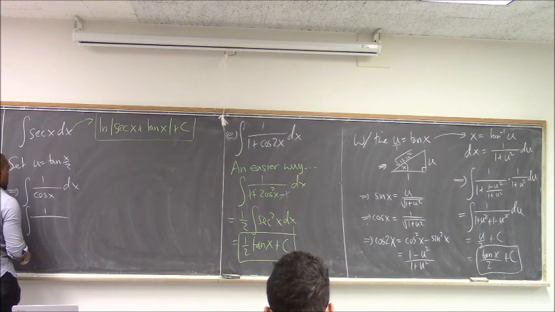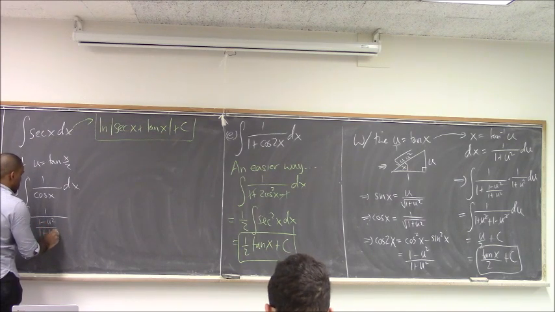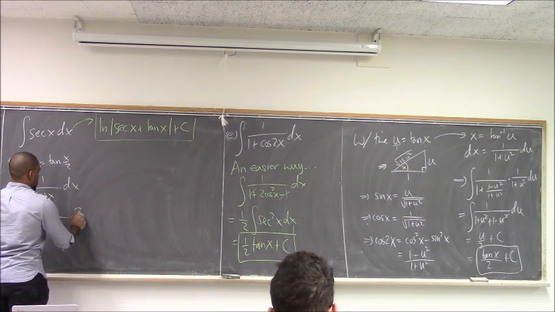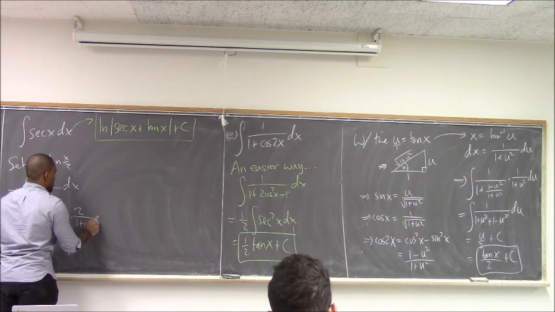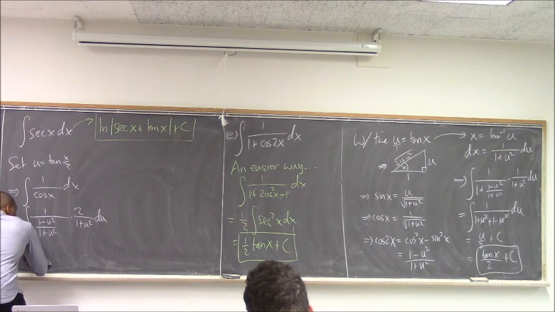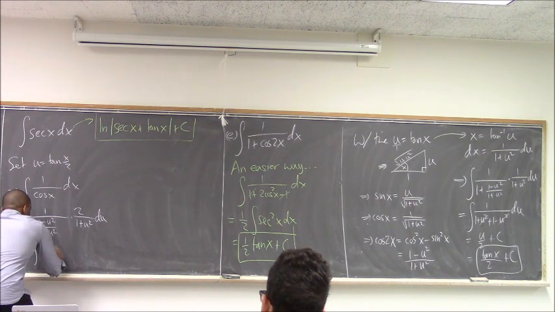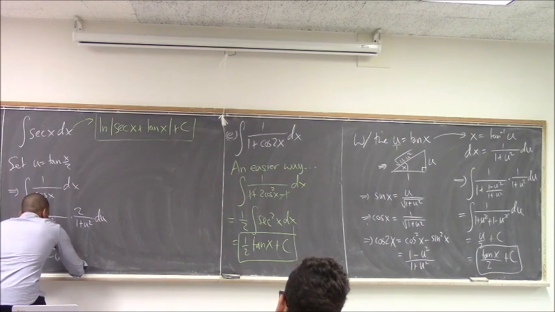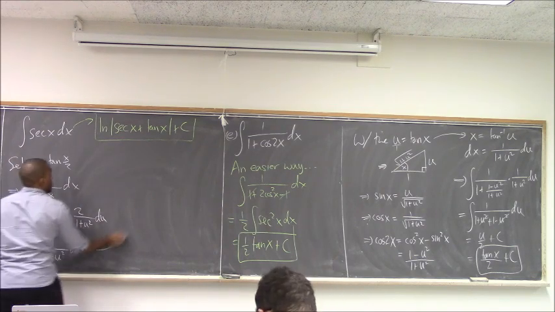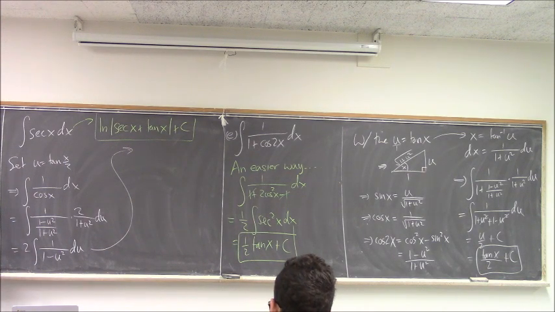And our cosine we know is what? 1 minus u squared over 1 plus u squared. And our du is 2 over 1 plus u squared. So this will give us 2 times 1 over 1 minus u squared du. So it becomes that. How would you do this? Huh? Factor.